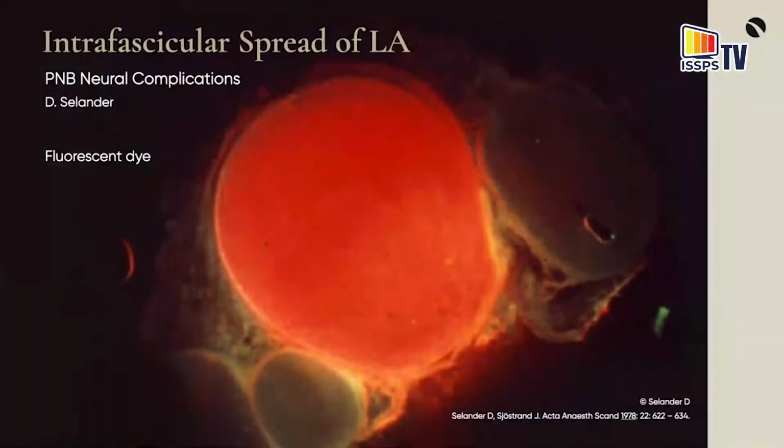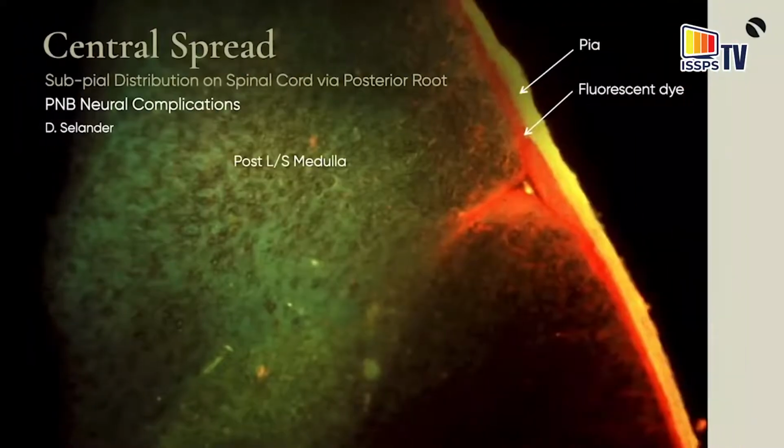Doug Selander in 1978 showed that fluorescent dye injected into a fascicle under direct vision spread centrally inside the fascicle. And he demonstrated the dye subpial in the spinal cord. He postulated spread via the fascicle that basically agrees with the findings of Danny Moore in 1952, where he injected India ink under direct vision into the intercostal nerve of rabbits and showed spread to the spinal cord.